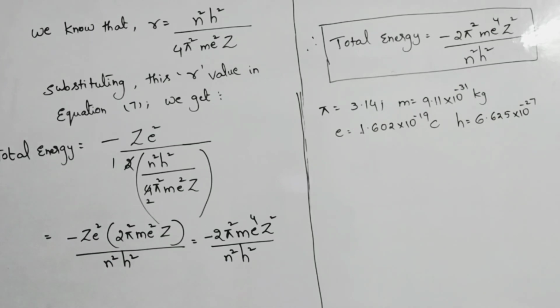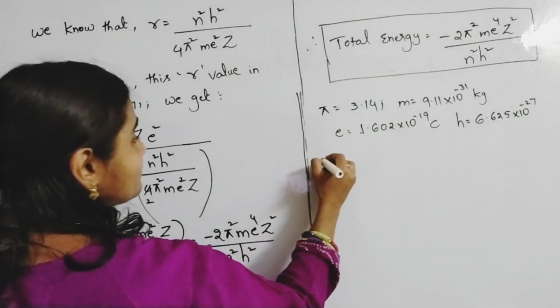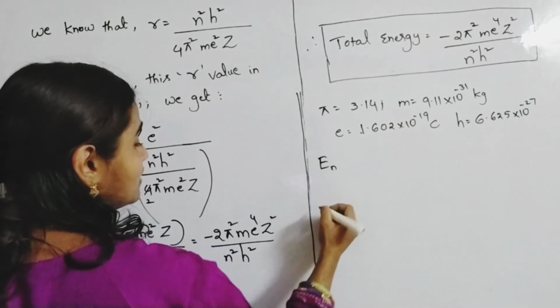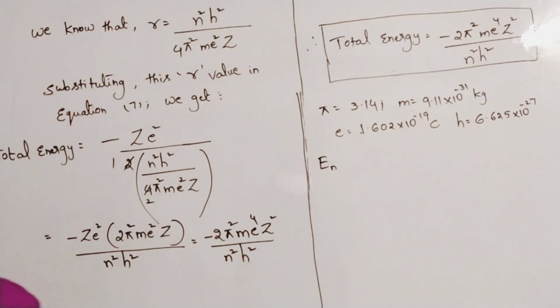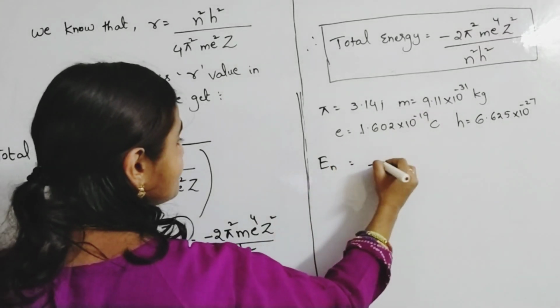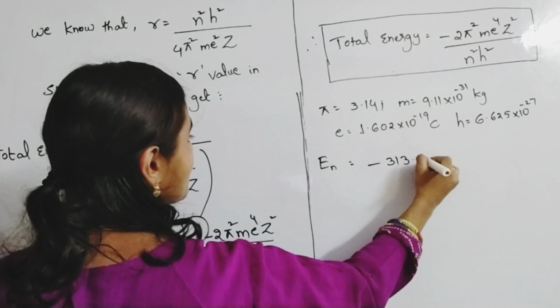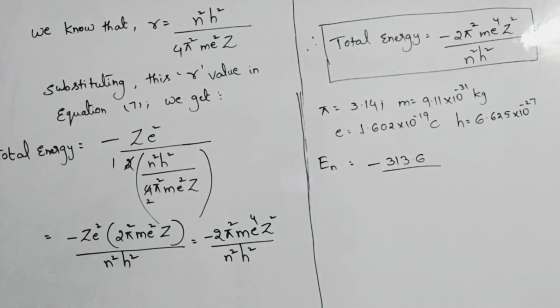So just note down the value of the electron's energy, En, the energy of the electron in the nth orbit. It is given by certain values. That is equal to minus 313.6 into z square by n square, as it is you will be writing.